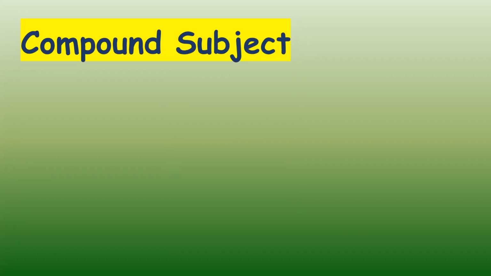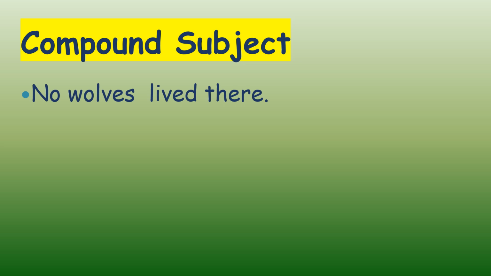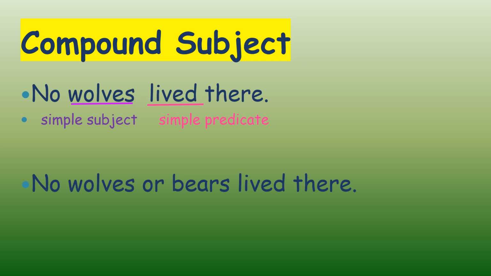What is a compound subject? Have a look at this sentence. No wolves lived there. Let's cut the sentence into two halves. Wolves is the simple subject, lived is the simple predicate. But if we want to say no wolves or bears lived there, here we have wolves or bears, two subjects for the same verb lived.